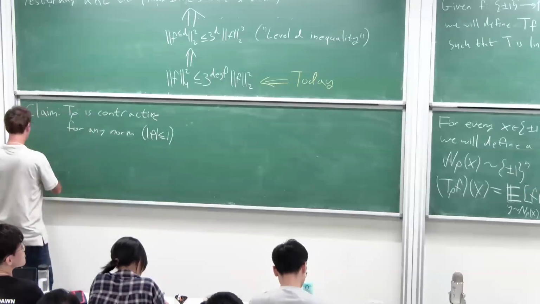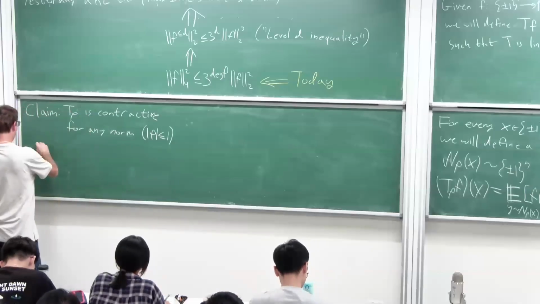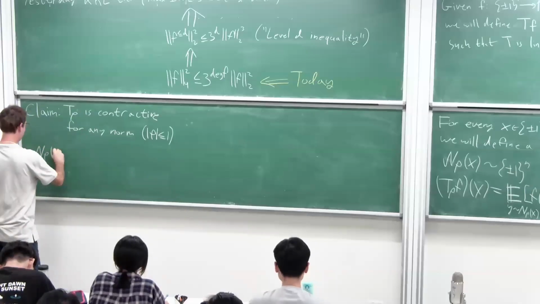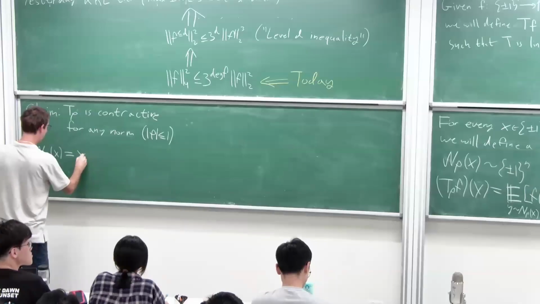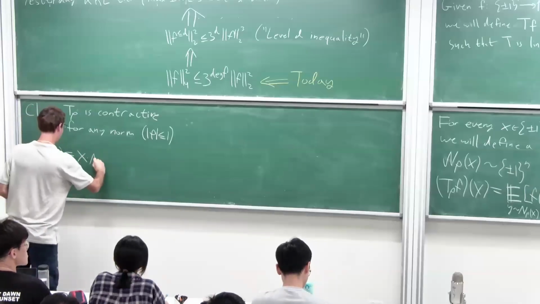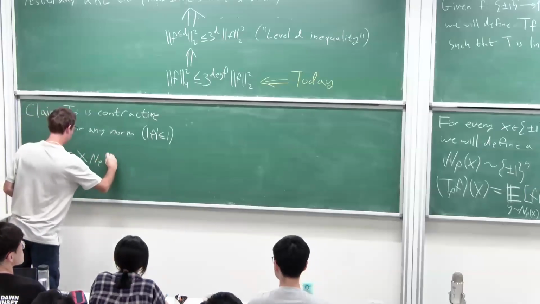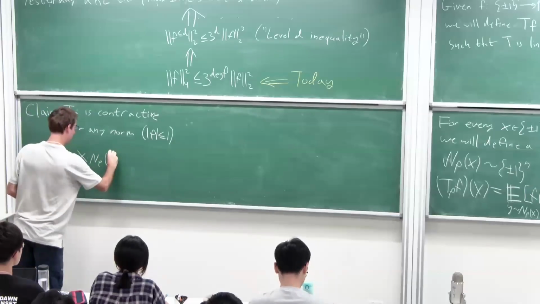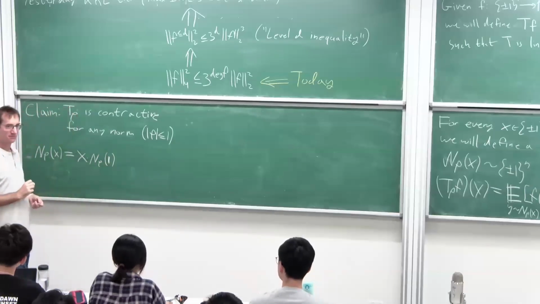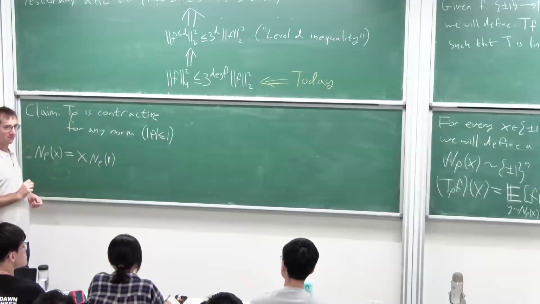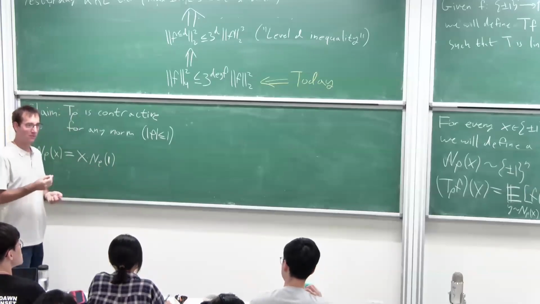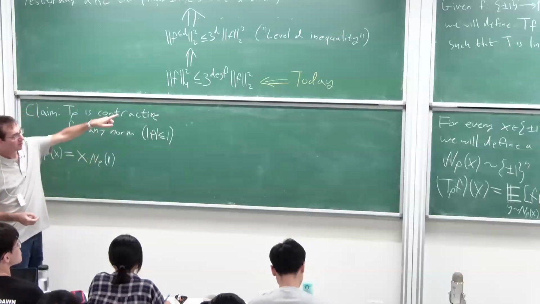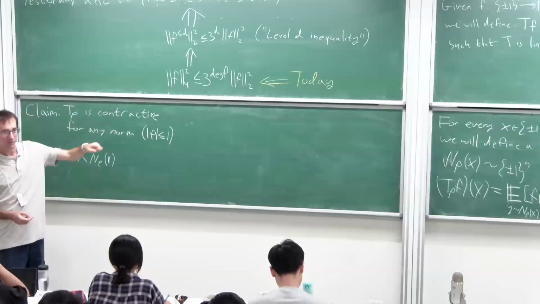So we observe that N rho of x is the same distribution as x times N rho of the point 1. So N rho of the point 1 is 1 in each coordinate with probability (1 plus rho) over 2, and otherwise it's -1.